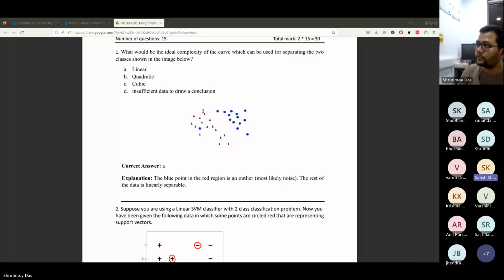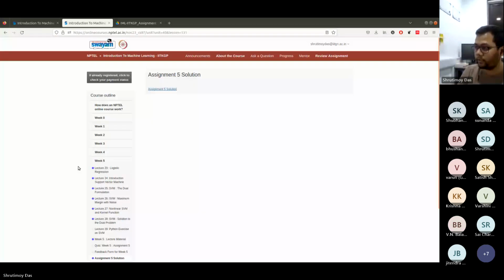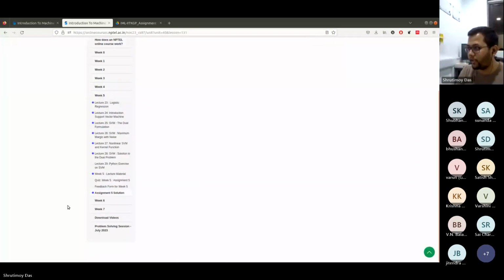Okay. So in this example, your data is not linearly separable. You cannot draw a line and separate these points. So we will say here it is overlapping, right?